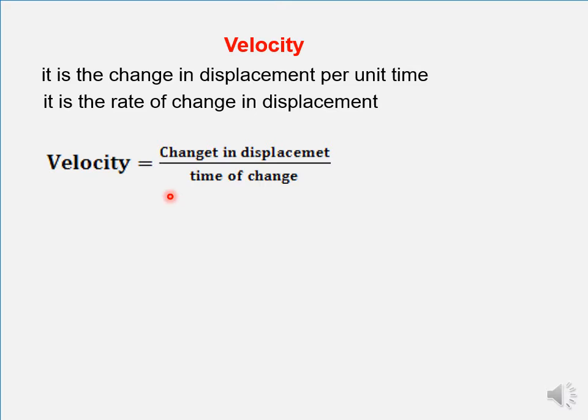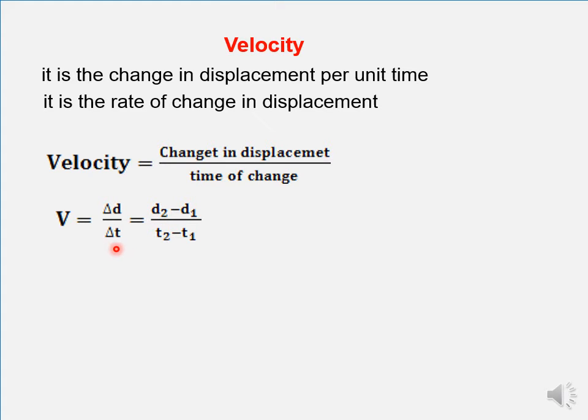Velocity is the change in displacement divided by the time of change, so it is the rate of change in displacement. This sign means delta, which means change in displacement, that is d2 minus d1.